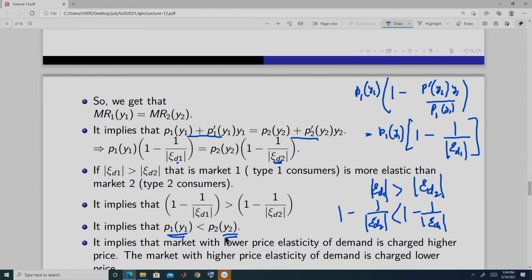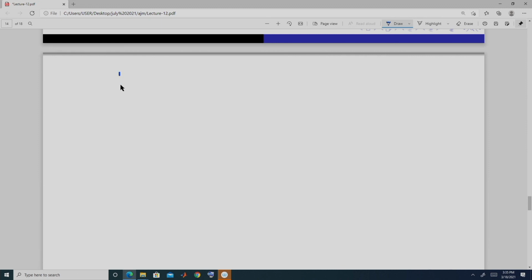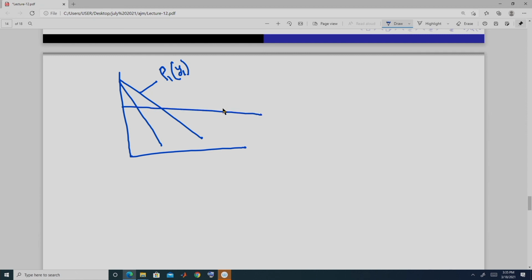Okay. So, diagrammatically what we are doing is, suppose this is P2, and this is the marginal revenue.